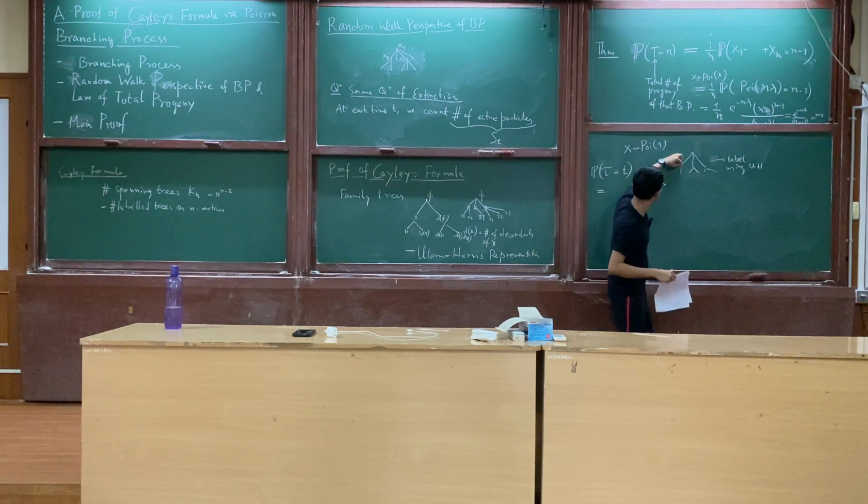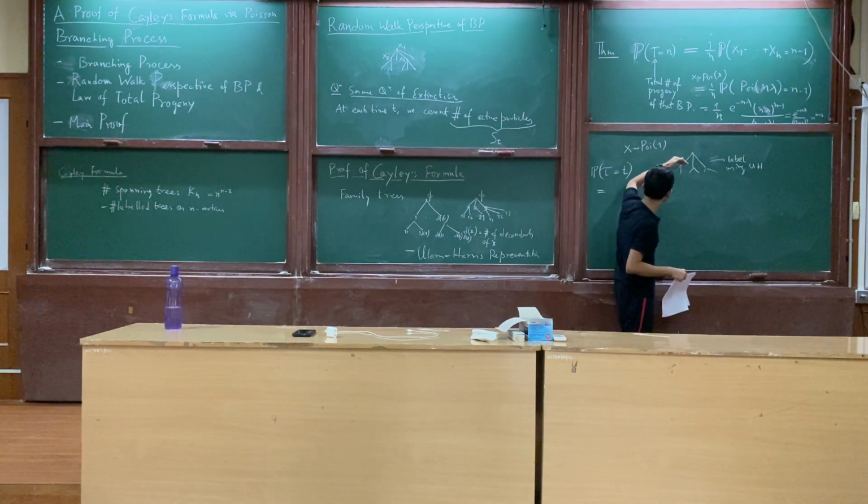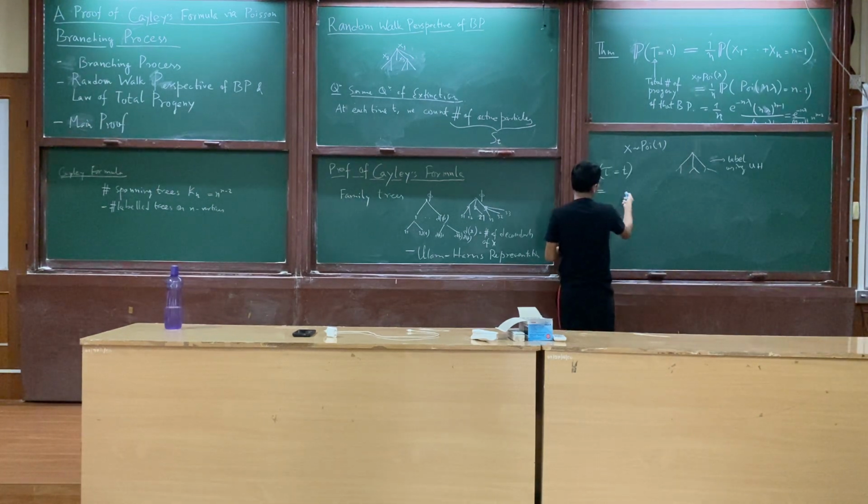Since the number of children of each of the particles is identical and independent, we can break the probability into a product like this.